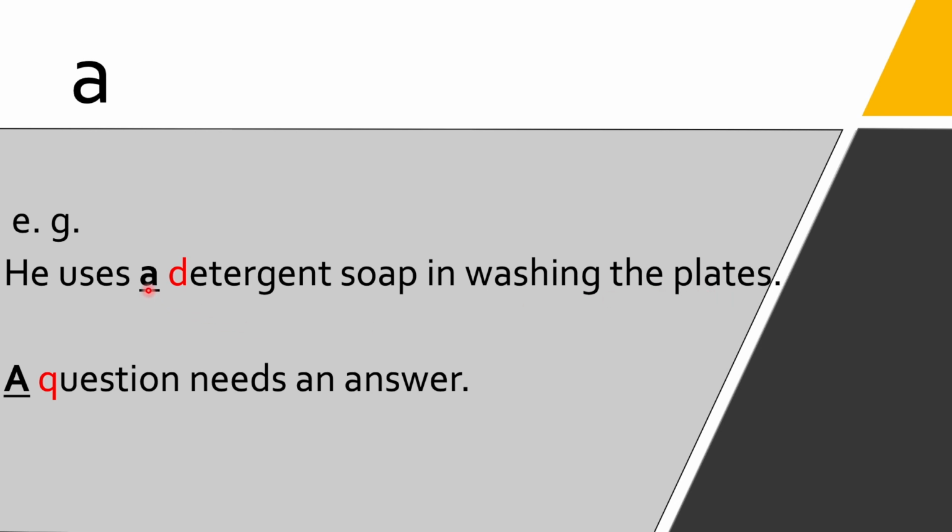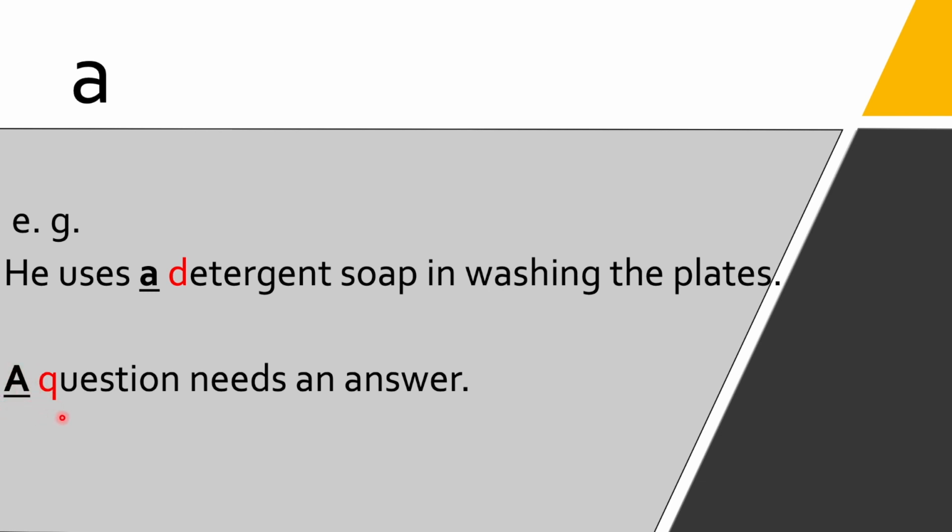So a precedes a word that begins with a consonant. So in this case, it's letter D, detergent soap. Okay? And then for this one, a question needs an answer. So question is a consonant beginning with letter Q. So we're gonna use the article a.